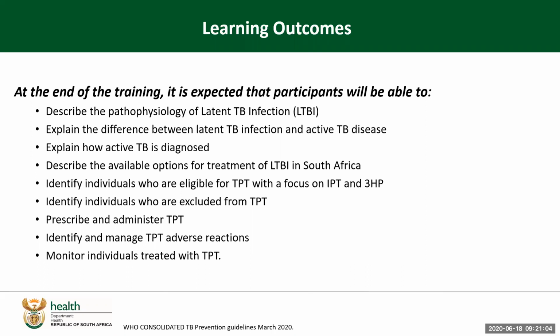We also need to be able, colleagues, by the end to identify those individuals who should be excluded from latent TB infection treatment. We also need to be clear about how and what we need to prescribe and how to administer the regimens we are going to cover today.